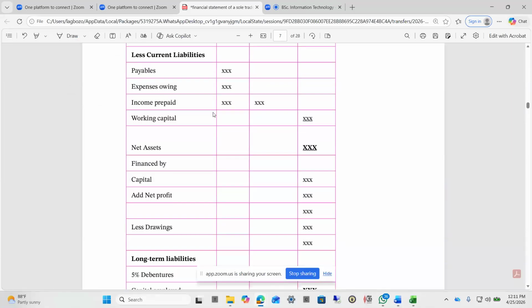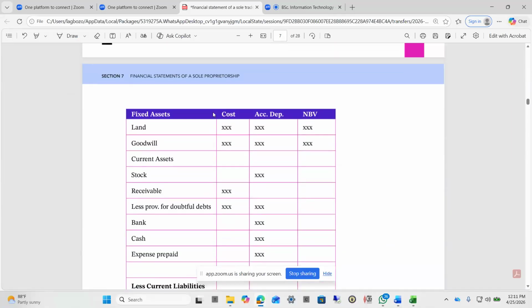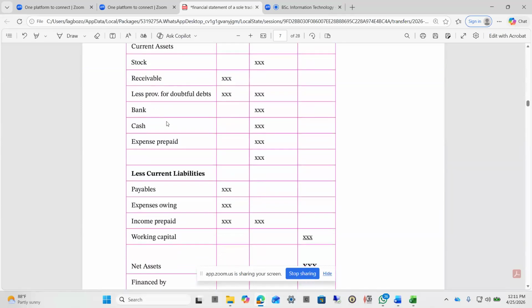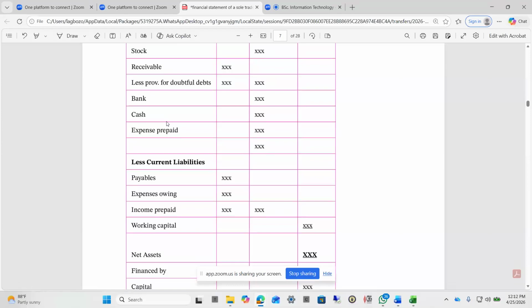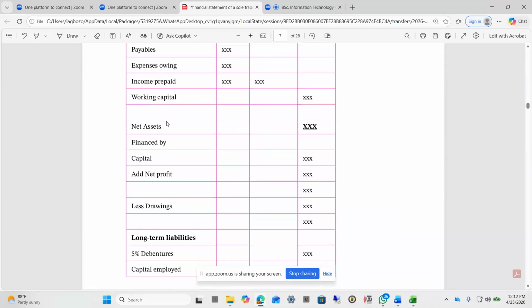Okay. So what I'm trying to say is that in the balance sheet, we have fixed assets, and then we have a current asset. Then we have current liabilities, and then non-current liabilities. I hope you got all those things.